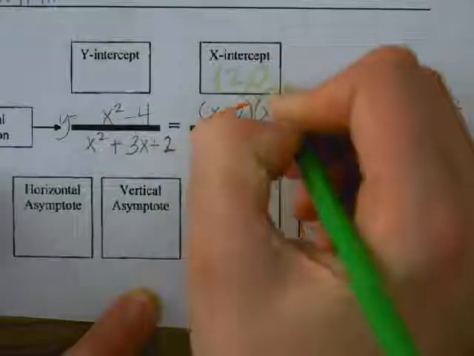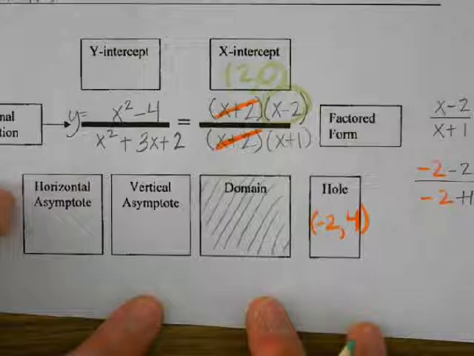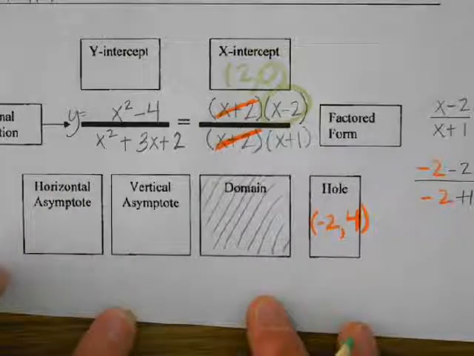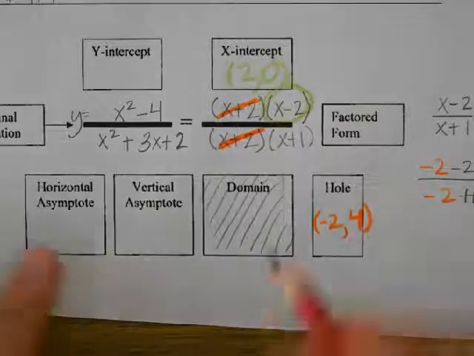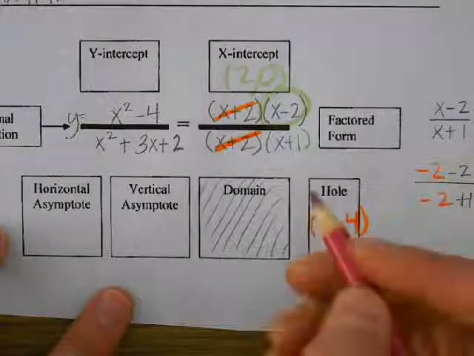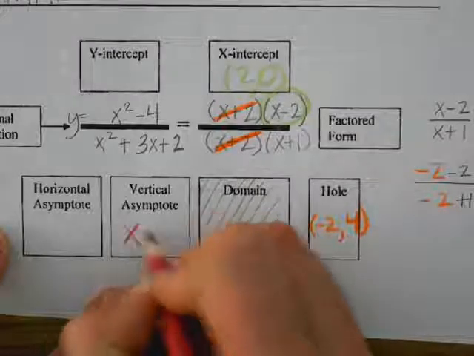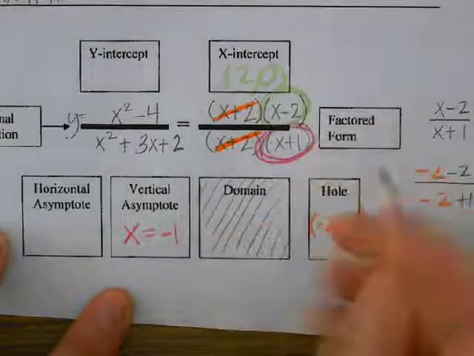So 2, 0. Alright, someone at Ricky's table, can you tell me the vertical asymptote? Yeah, so we're going to say x equals negative 1, and that came from this being left over on the bottom.